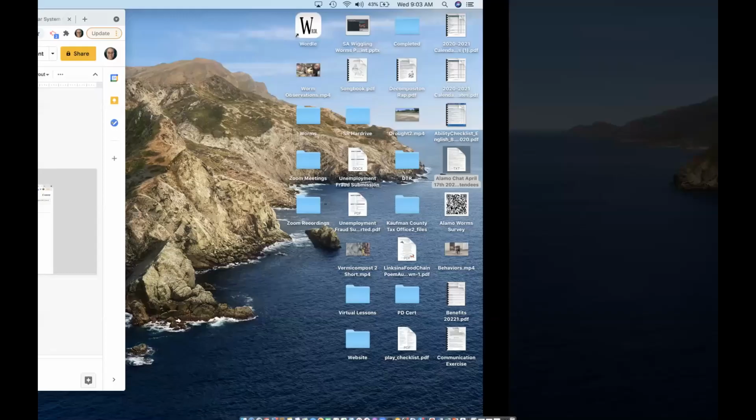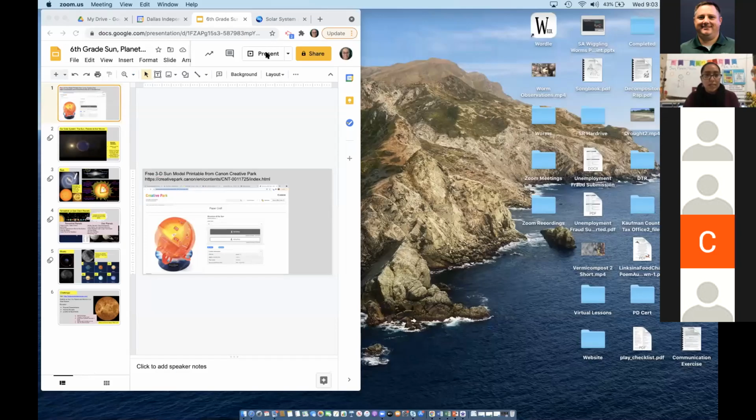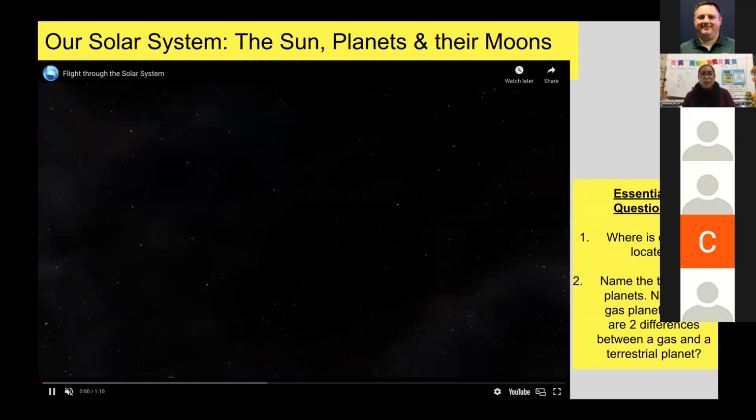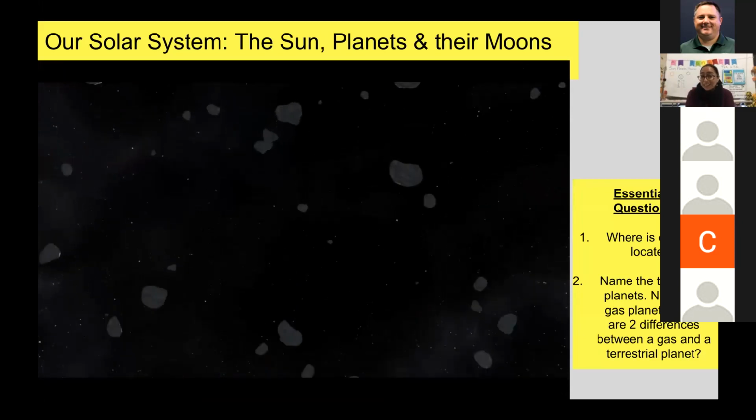So I have two essential questions for you guys. Before I show you those essential questions, though, if you would like to make your own paper model of the sun, it's a free printable from Canon Creative Park, and the link is listed on the slide. It's a really easy way for you guys to make your own paper model of the sun and its internal structures. So that's a neat little craft for you guys to do at home. Now, today we're learning about the solar system and what's in our solar system.